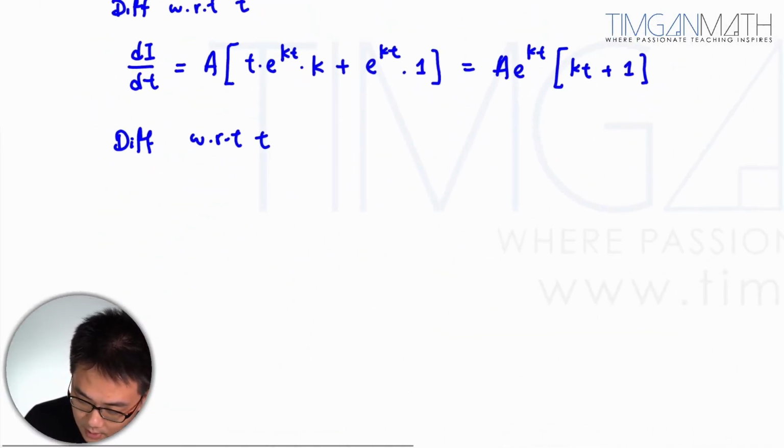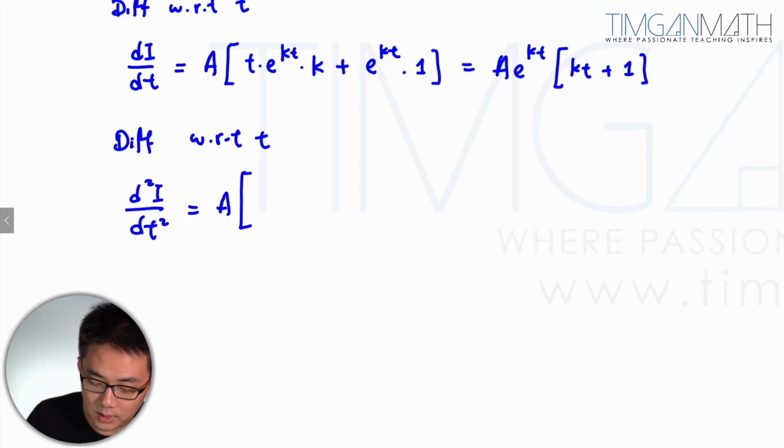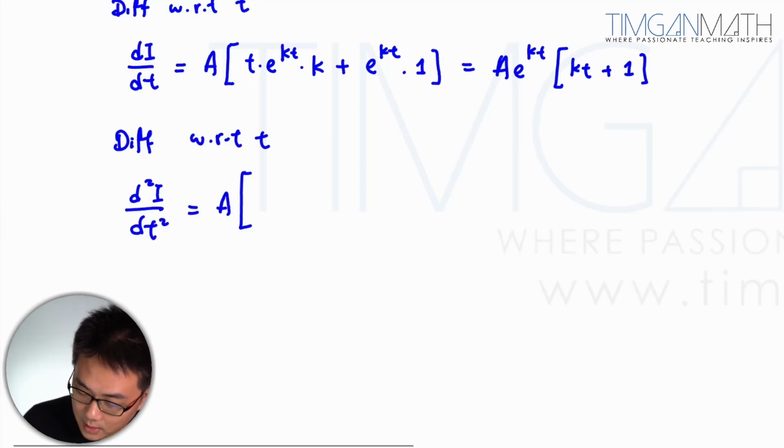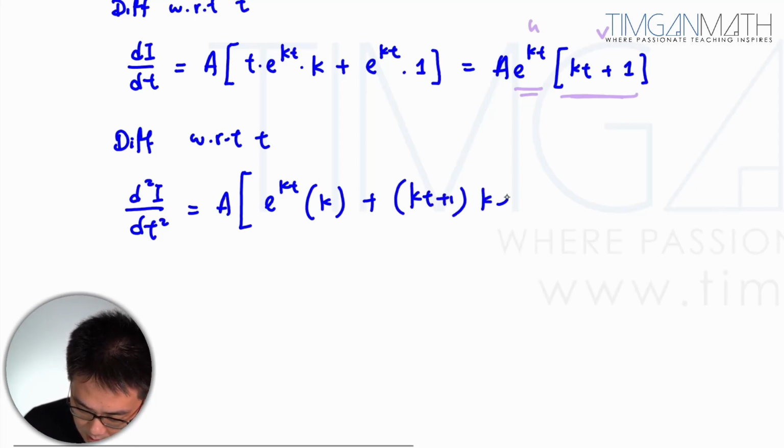So this part here, just be mindful, d²i/dt² will be a, then do the same thing. What we're going to do is use this as u and this as v. Once this is done, we can just use e^kt times dv/dt, which is k, plus v, which is (kt + 1), multiplied with k e^kt.